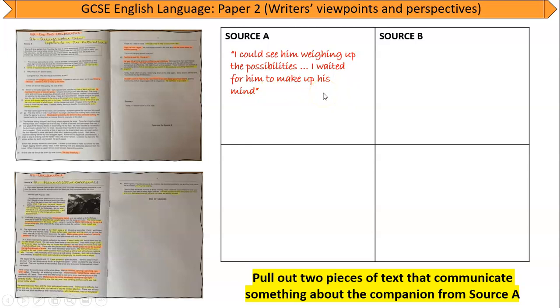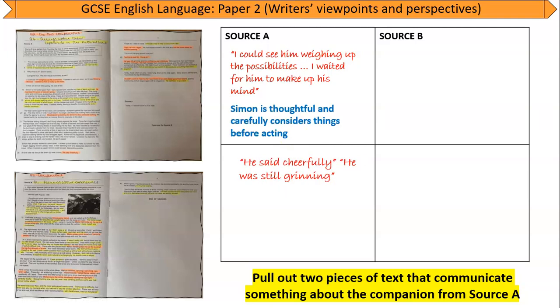And my second textual reference that I'm going to use is, he said cheerfully. And the second quote to back that up, he was still grinning. I feel that those 2 quotes go nicely together. He's speaking cheerfully and he's grinning. So I'm going to use 2 quotes there, ready to make my point about Simon the companion.